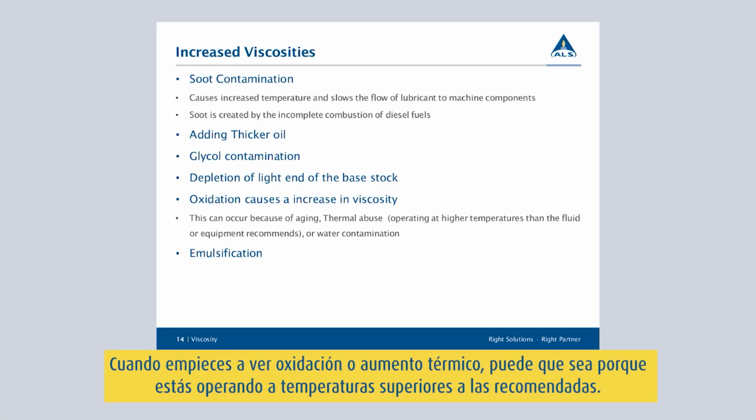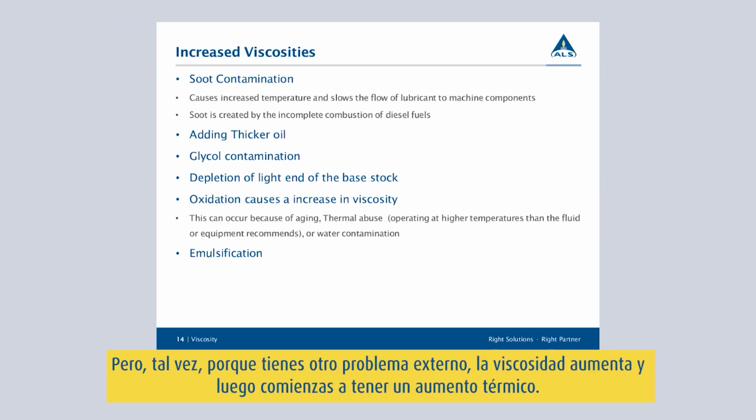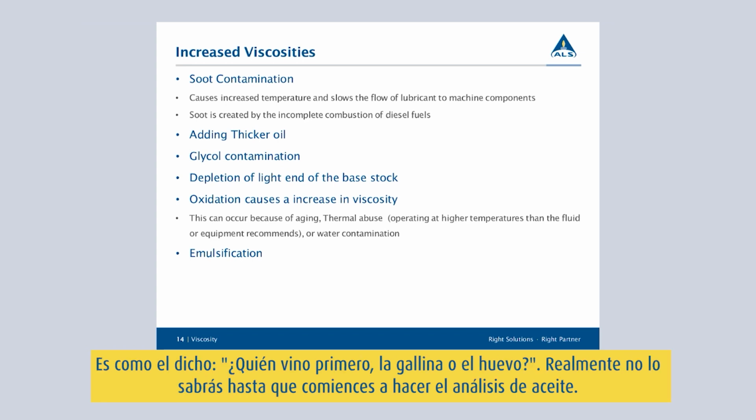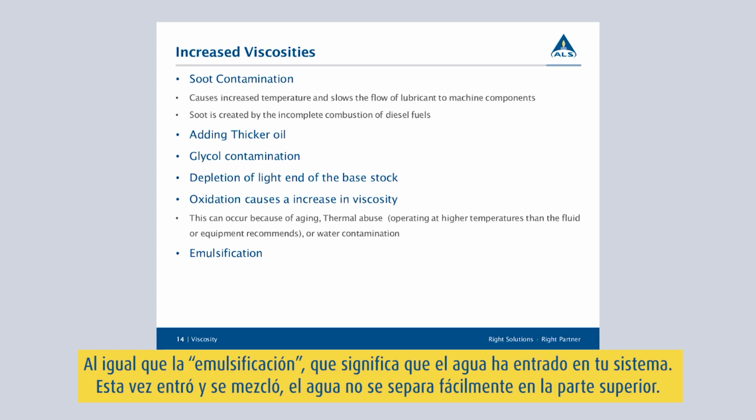And you could start to see oxidation or thermal abuse not because you personally are operating your equipment at a higher temperature than the fluid recommends, but maybe because you have an outside problem occurring. Maybe you have an increased viscosity, so then you start to have thermal abuse occur. So it's kind of a which-came-first, the chicken or the egg scenario. You don't really know until you start to do that oil analysis on it.